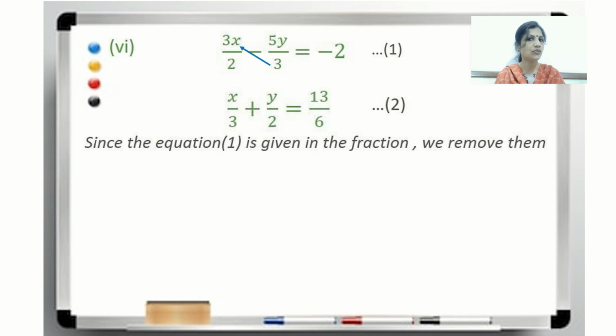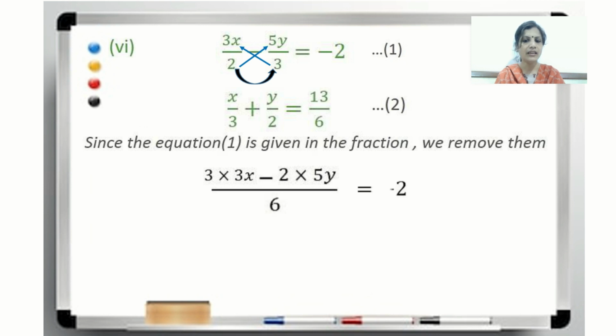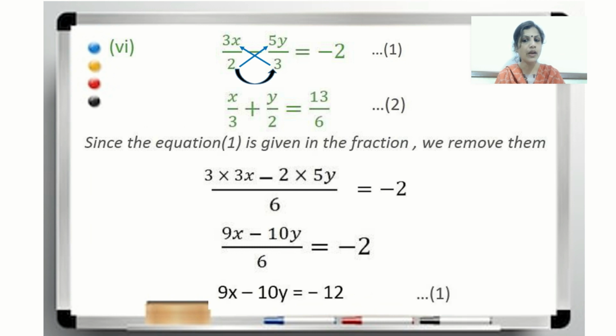So 3 into 3x will be 9x − 2 into 5y, upon 2 into 3, which is 6, and is equal to −2 as it is. Let's solve it quickly. So we'll have (9x − 10y) upon 6 = −2, and so 9x − 10y = −12.